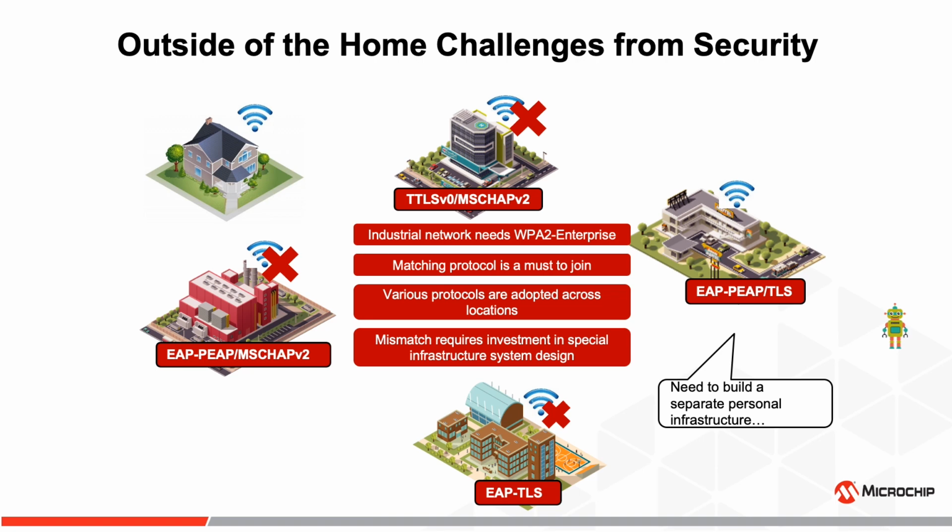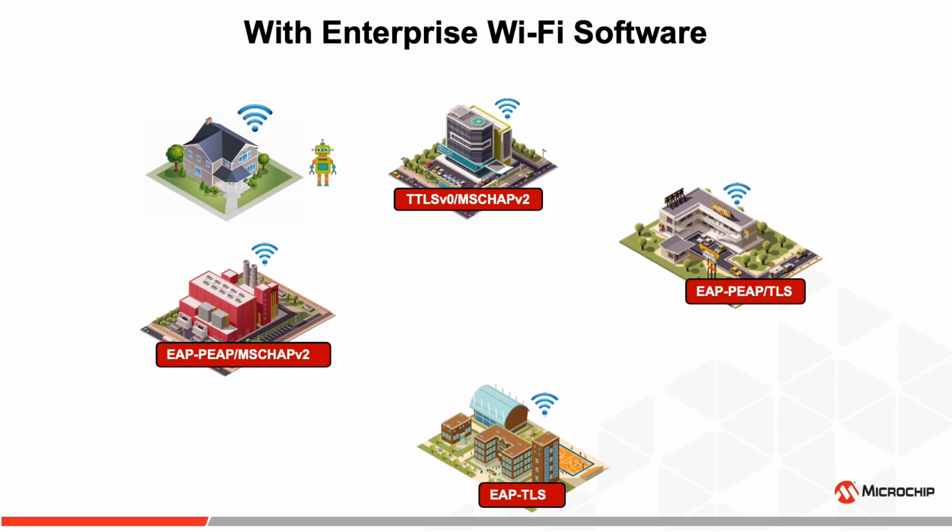So what do we do? Well, if you use enterprise software, so enterprise security software, the difference is that instead of a personal area network, it's set up for enterprise. So now it does actually understand each of these ciphers.